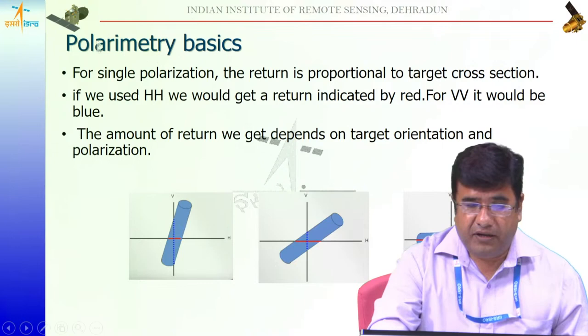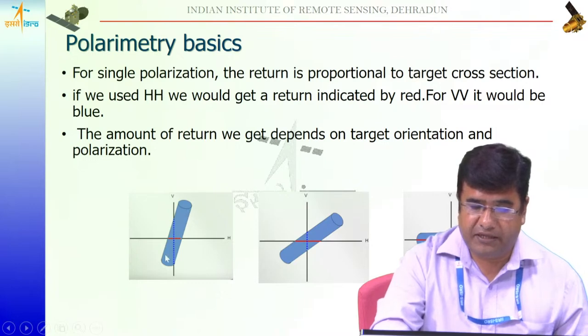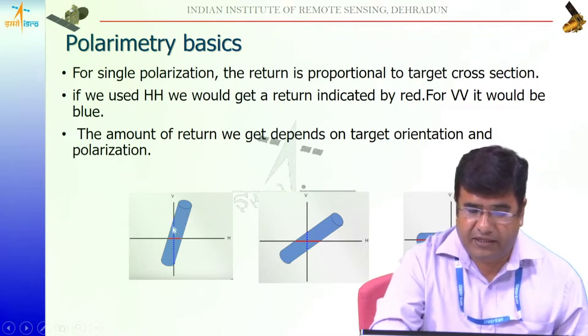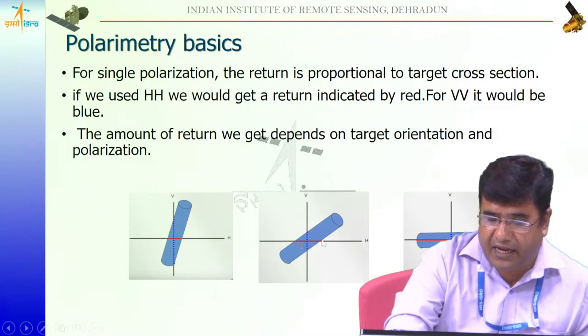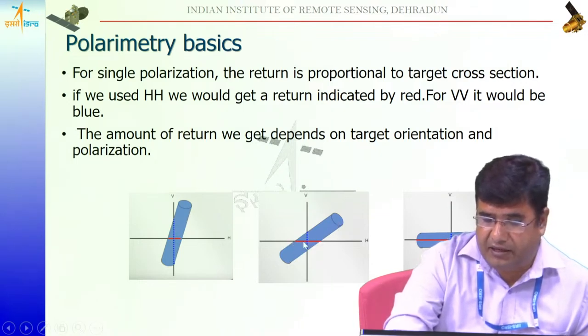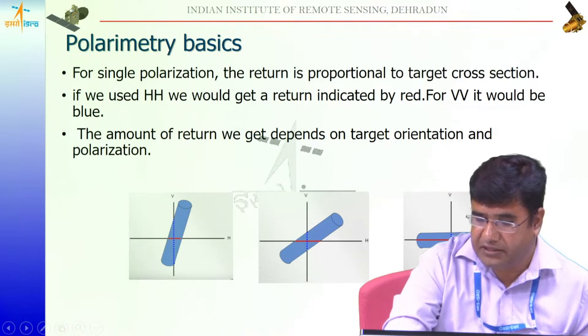So for the single polarization, you can see this is some structure. In this structure, the blue dots show it has a vertical component and a horizontal component. Here in this orientation it has a higher horizontal component and lower vertical component, and here the horizontal component is higher and the vertical component is smaller.